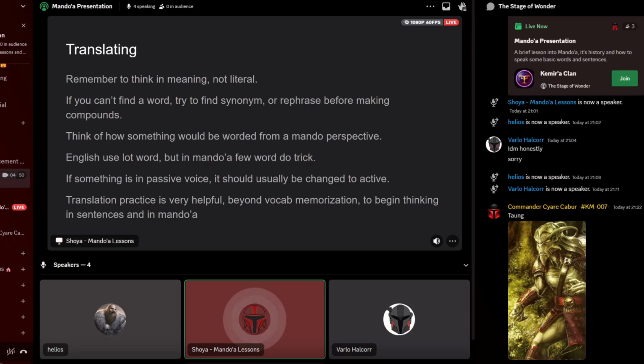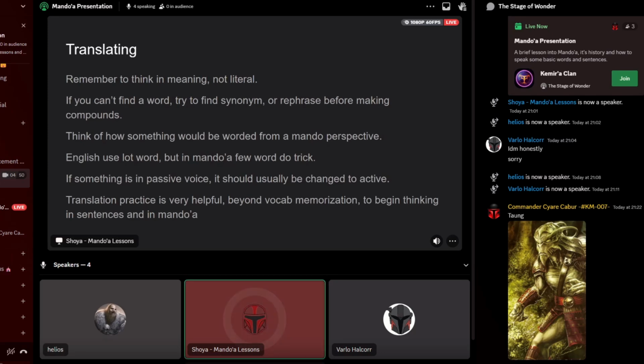Mando'a prefers to avoid passive. If you can make something active, then you should. For example, instead of saying that the armor was broken, you would say someone broke the armor or something like that. There's actually a word for that specifically, which is ashnar.